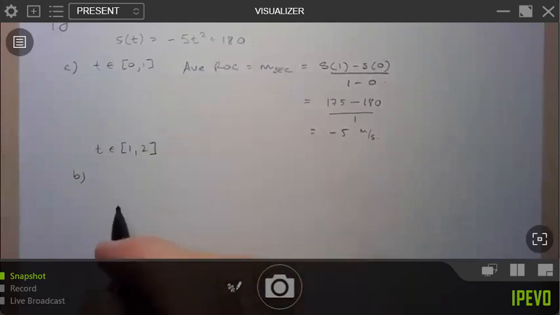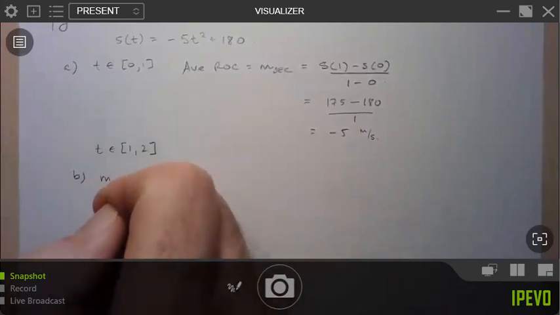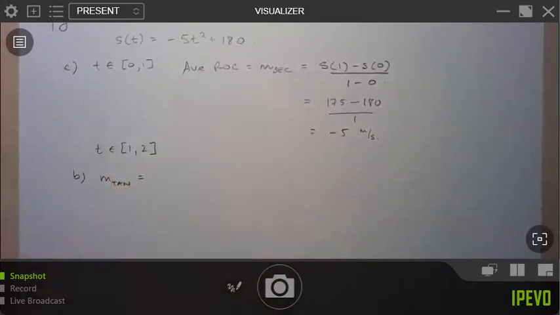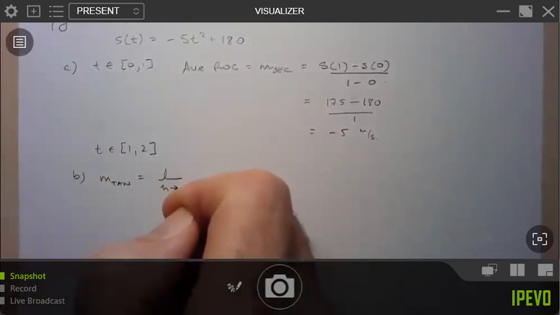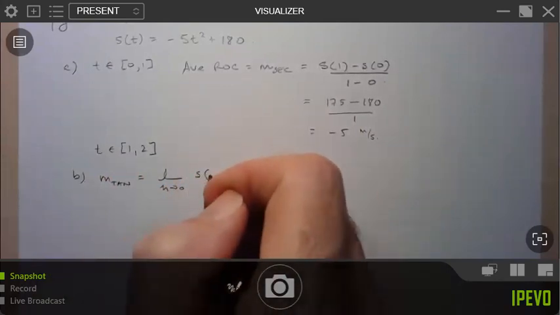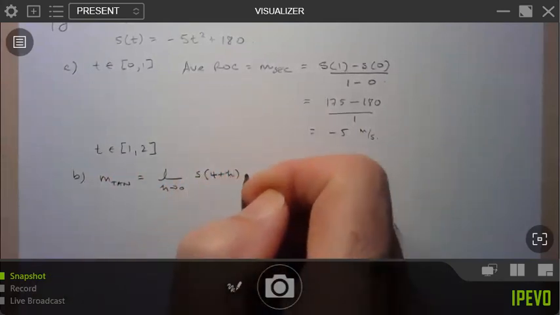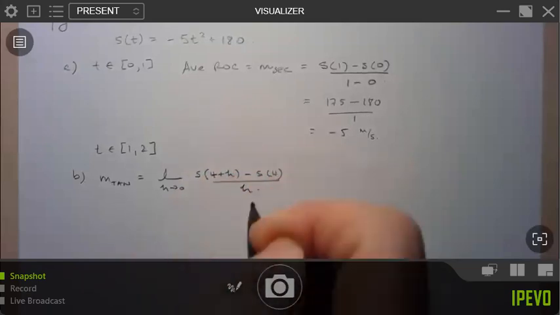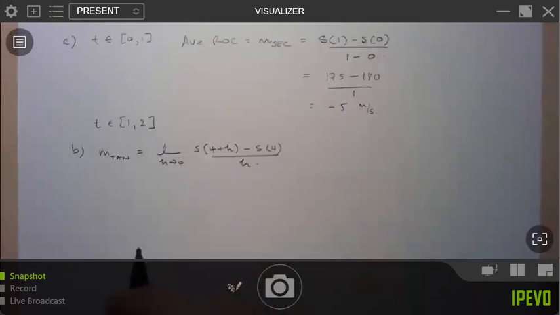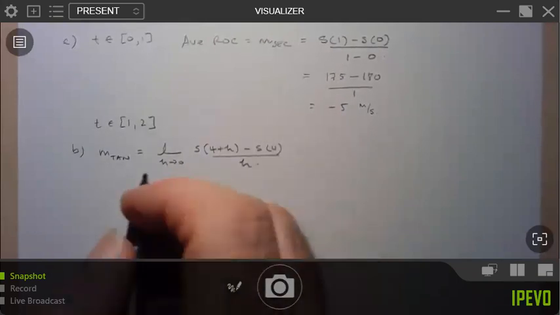So here, if I was looking for the velocity of the object at t equals 4, well, we know that would be the slope of the tangent at t equals 4. And that's given by the limit as h approaches 0 of s(4 plus h) minus s(4) all over h. Okay, so this is how we hopefully can find the exact rate of change at that value.